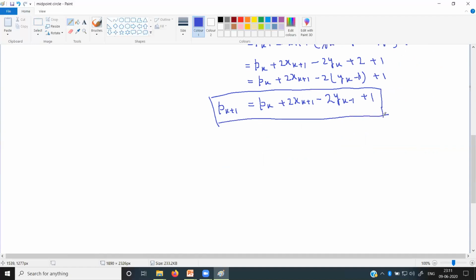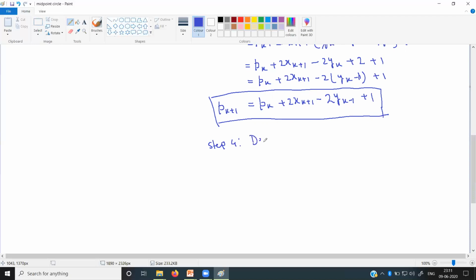Fine. Now, in the next step, that means step 4, the previous was step 3. In step 4, we determine the symmetric points for the other 7 octants. So what we have to do?